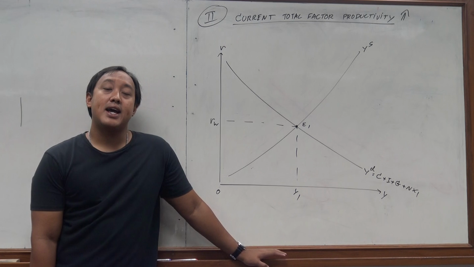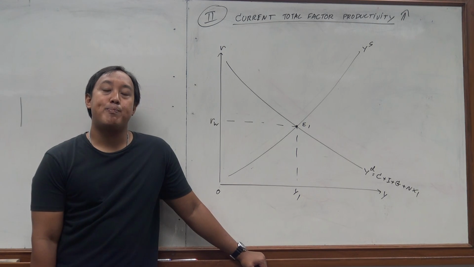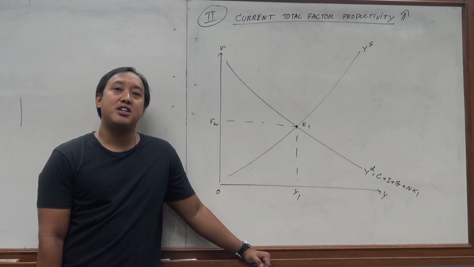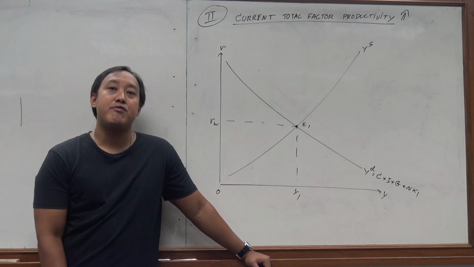This is a case of current total factor productivity increasing. Current means today. For some reason, today productivity is increasing. This is a case that you learned before.